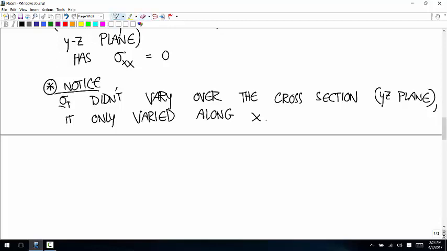That's different with bending moment and all of the other kinds of stress we're going to deal with too. The stress due to bending moment is different at different locations on a single cross section.